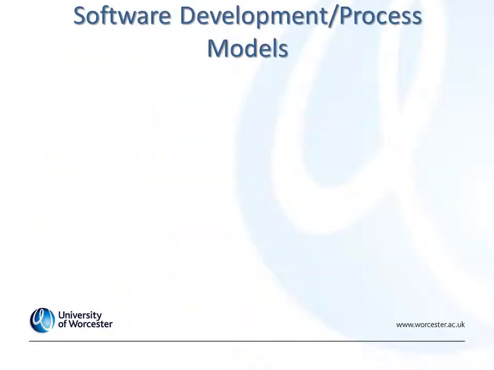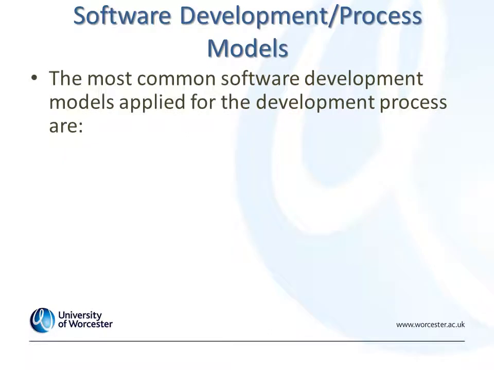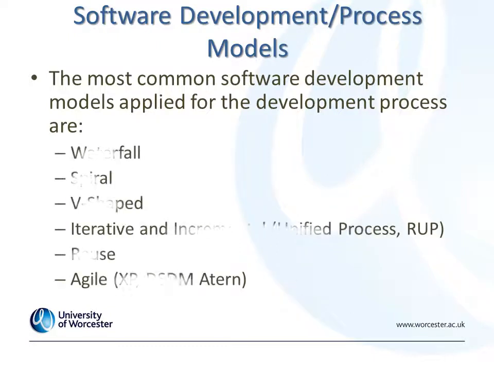Let's have a quick look at software development process models. This basically is the approach one takes to the life cycle. And within that, you have whether you take an agile approach or a plan-driven approach. But it's the way the life cycle will work. So the main ones are waterfall, spiral, V-shaped, iterative and incremental, reuse, agile.